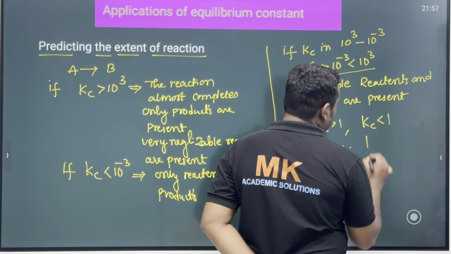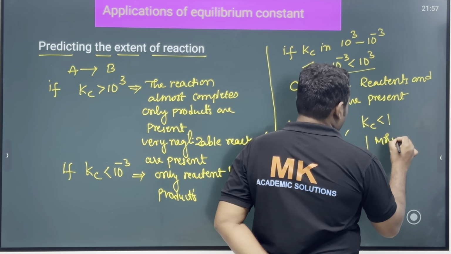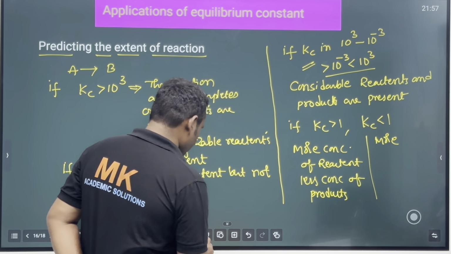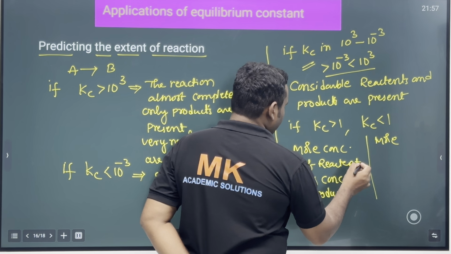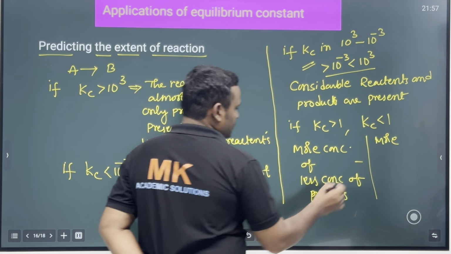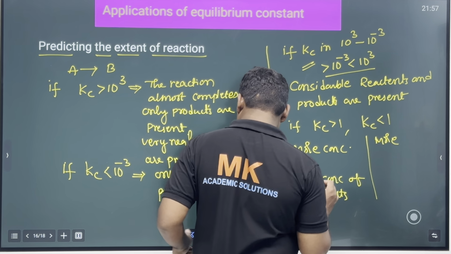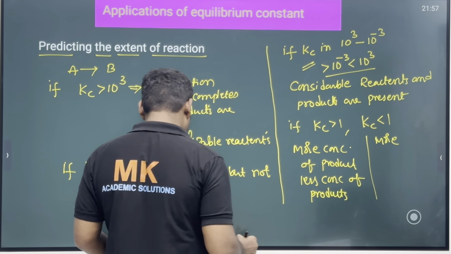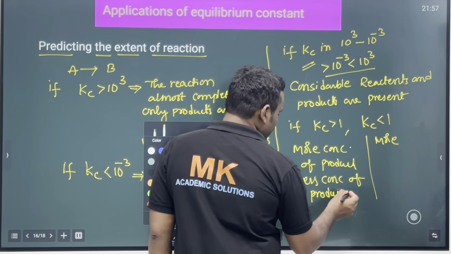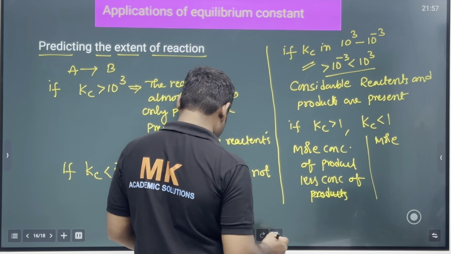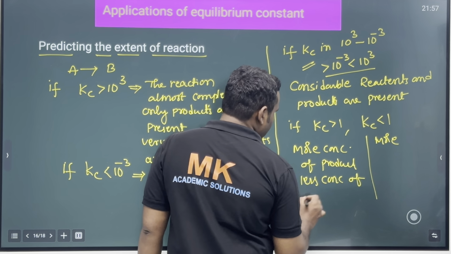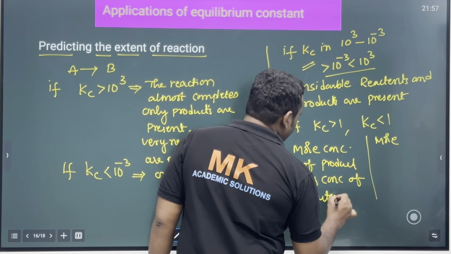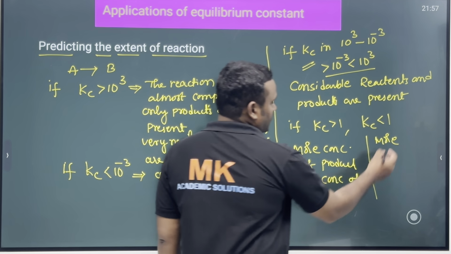If Kc is less than 1, it is the opposite.